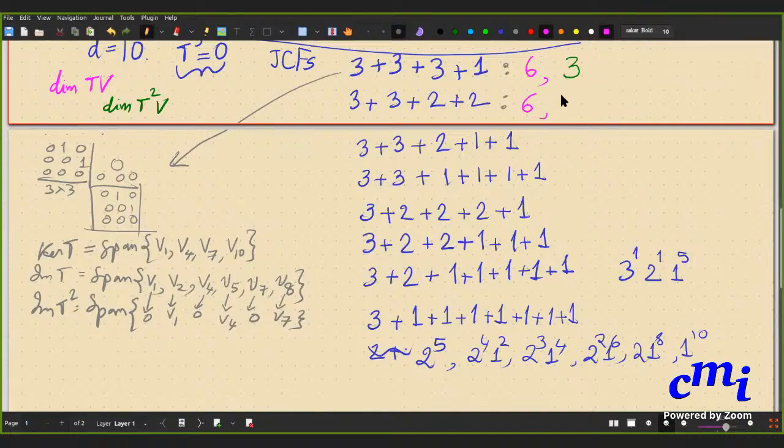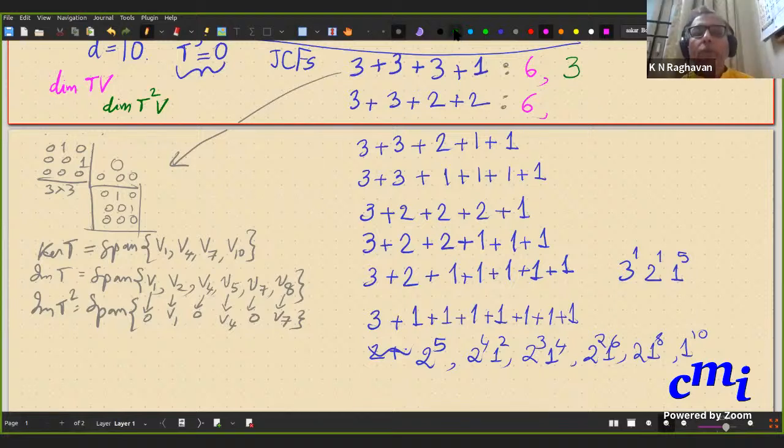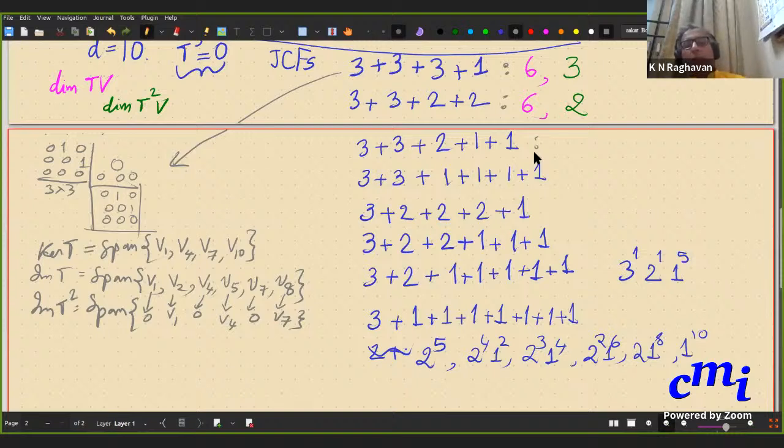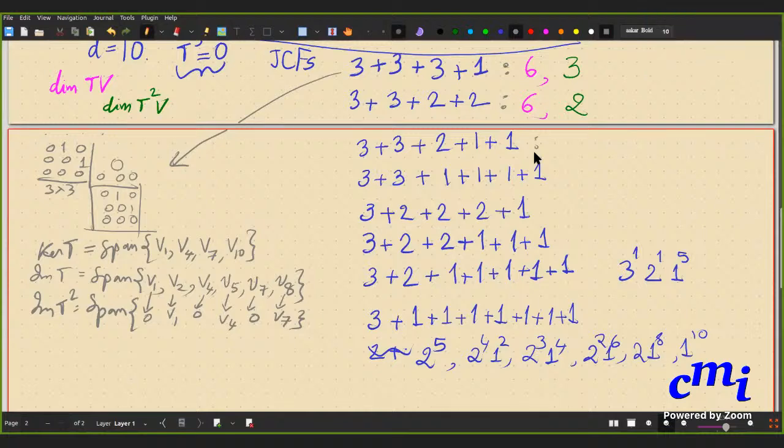And what's the T square? Two. Very good. Let's not ask how he did it. Let's just go ahead and do it. For this case, what's the rank? 5.